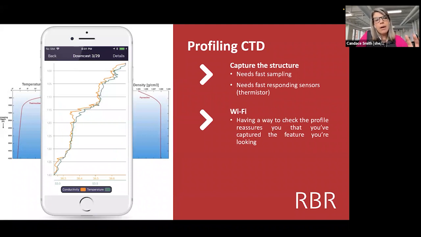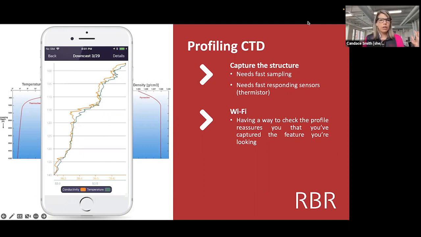We use Wi-Fi, but having a way to check that you actually got the feature that you were interested in is a little bit reassuring for me. Like, you're going out for the whole day, you're going to do this thing, and is there a quick way, just for a sanity check, to make sure: did I get the data? Did I capture this front that I was trying to find? Did I see the thermocline? Did I hit the bottom?